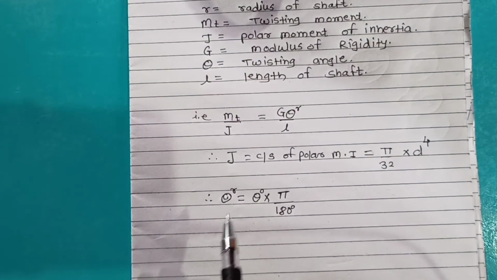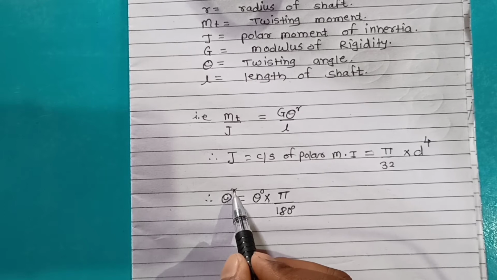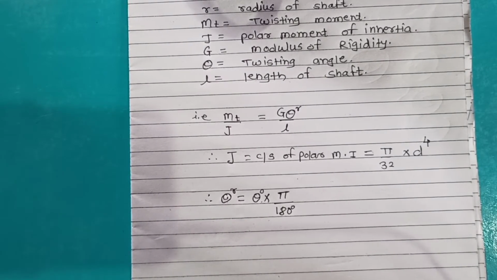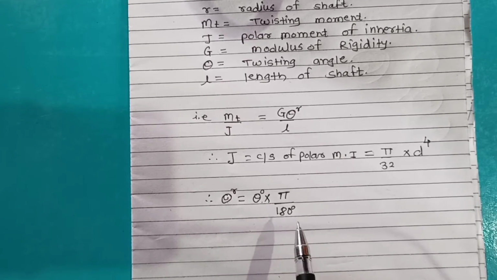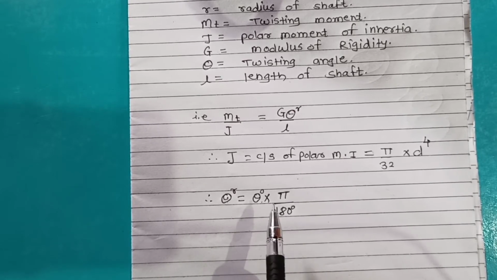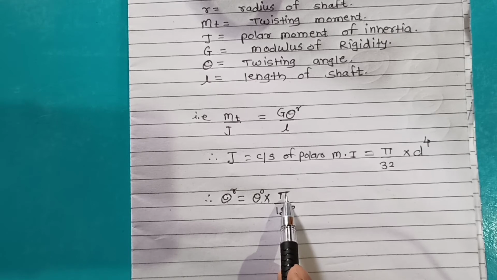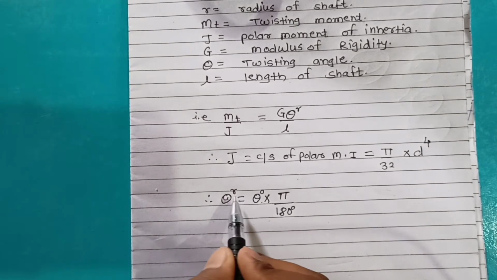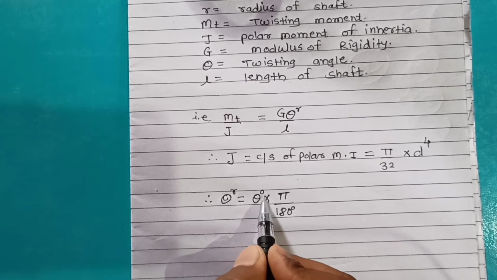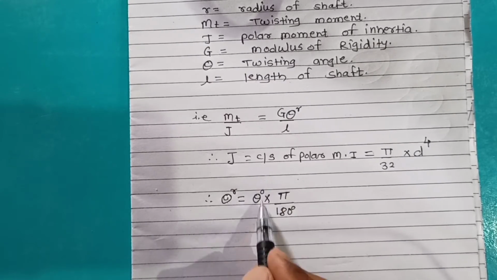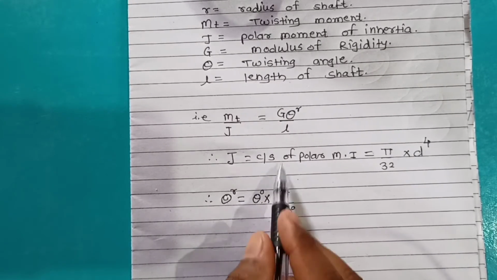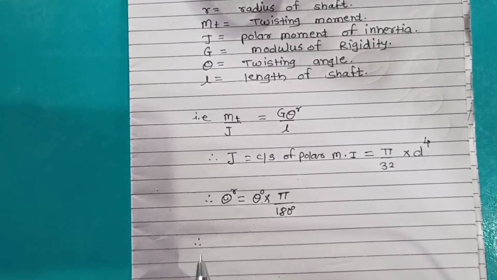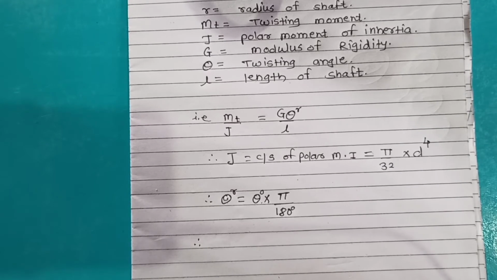Then theta is in terms of degree. Now put these two values in the equation and find the new equation.